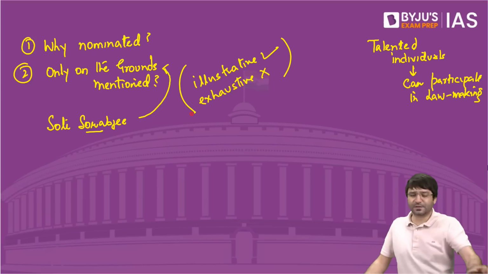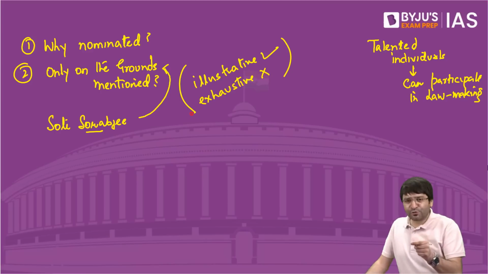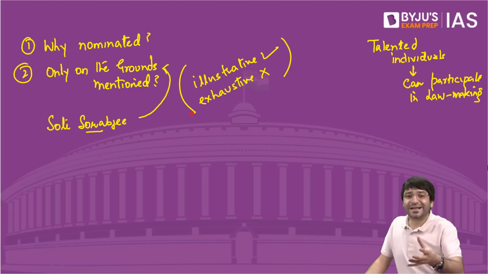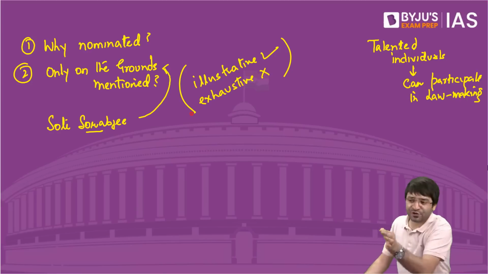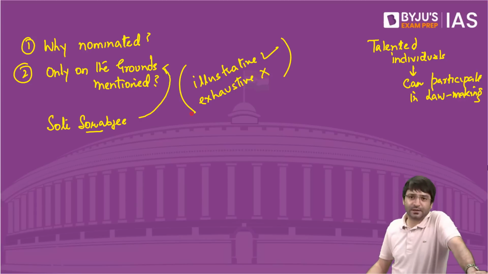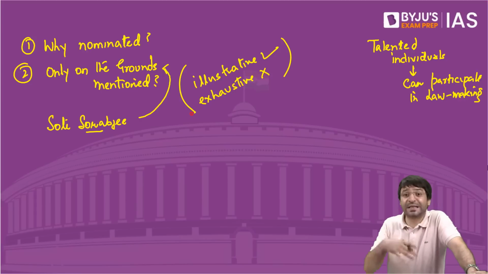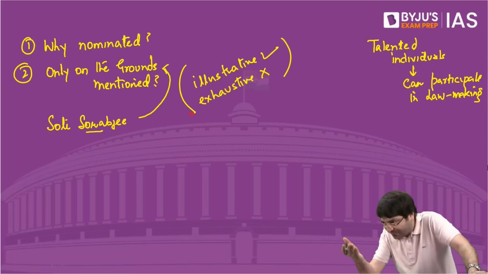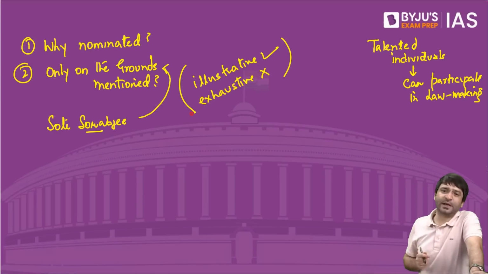What is the difference? When the Constitution says that 12 MPs to Rajya Sabha can be nominated by the President, the Constitution also provides an illustration, also gives an example, that these 12 nominated members can be from fields such as art, literature, science, social service. So only an example is given, an illustration is given, that from such fields 12 MPs can be nominated.